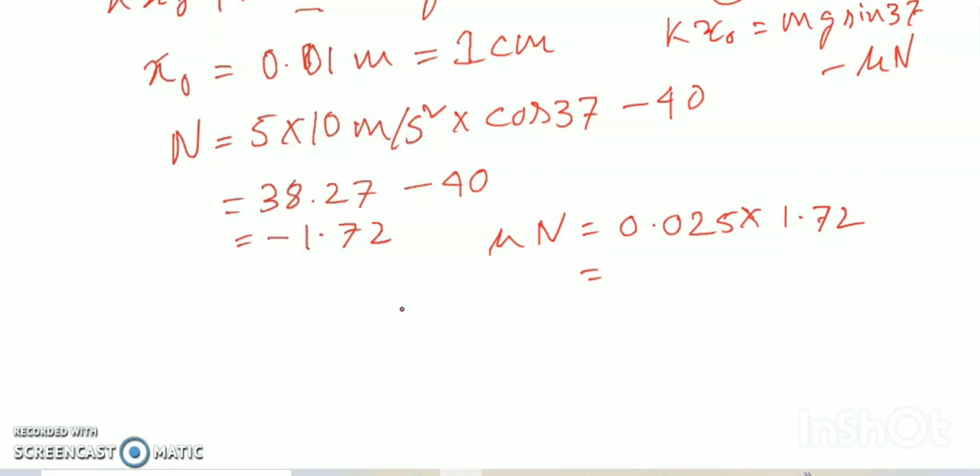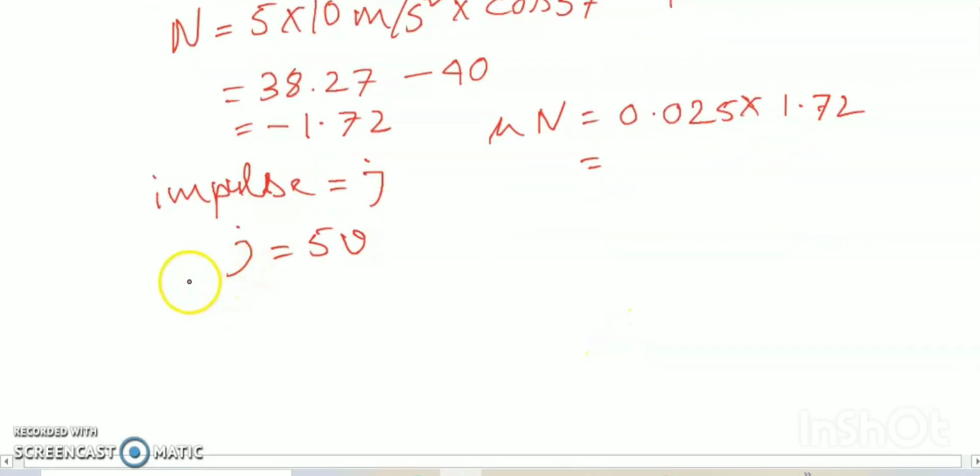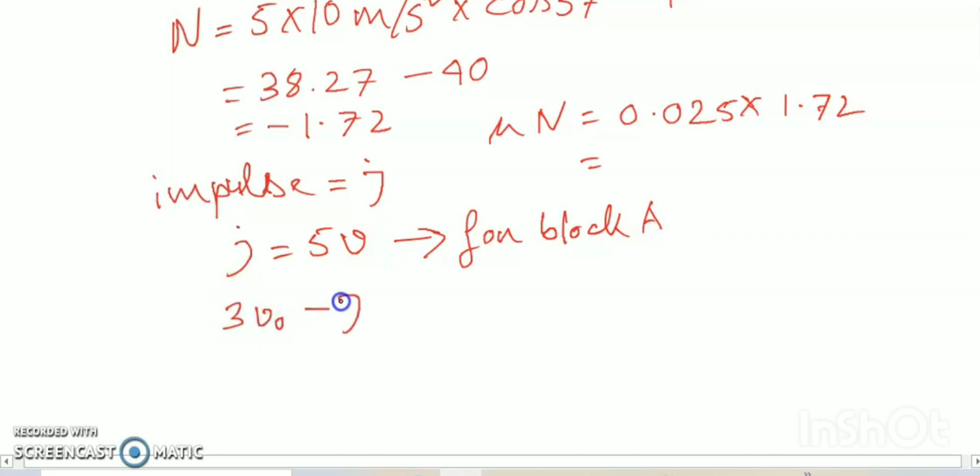Then for block A, the impulse J equals 5V, because mass times velocity. This is for block A. And for block B we get 3V0 plus J equals 3V.